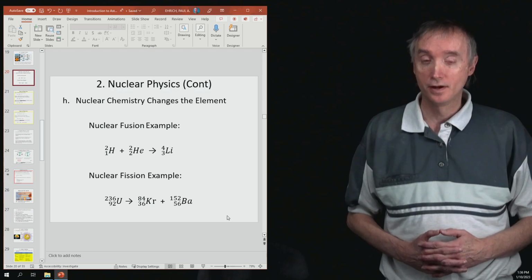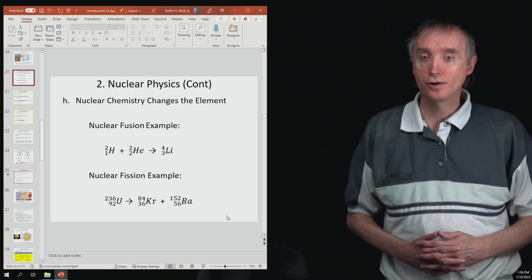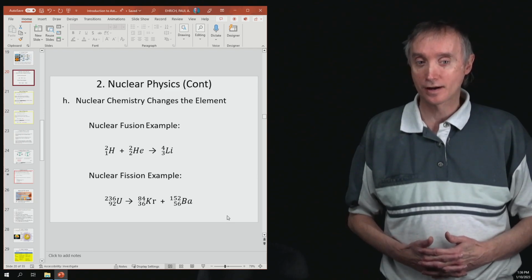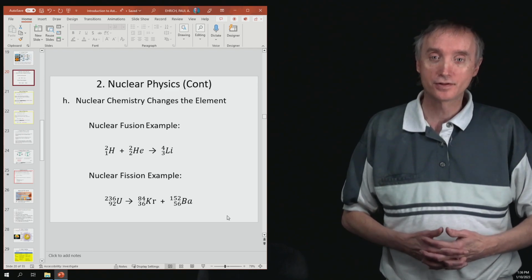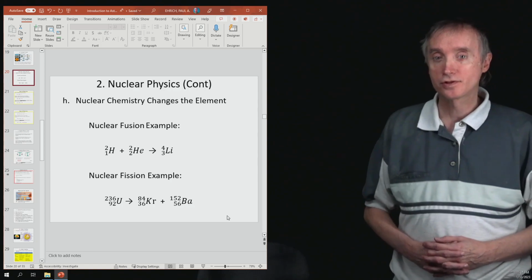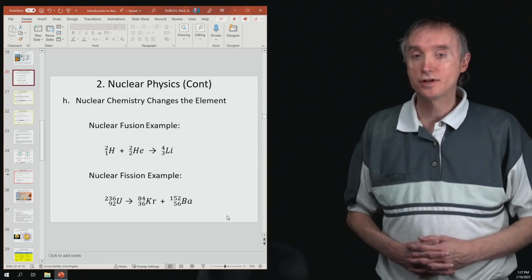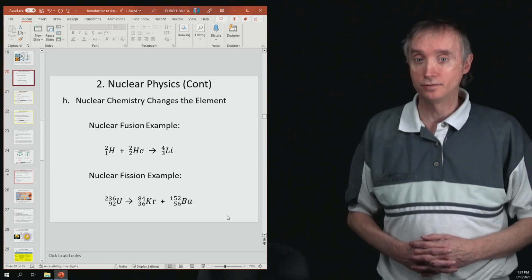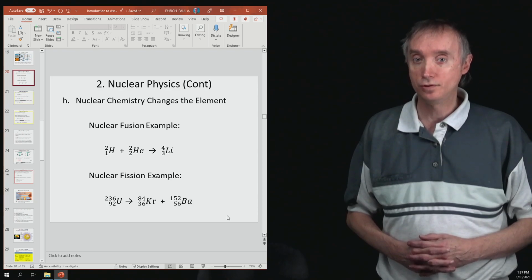Here's an example of how that's done, and this does require you to be able to add and subtract numbers. Let's look at this nuclear fusion example. We're starting off with a particular isotope of hydrogen, so this would be hydrogen-2.